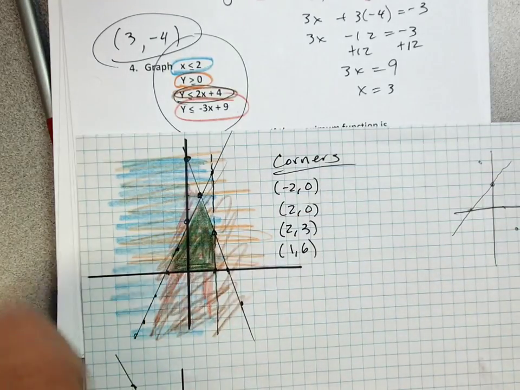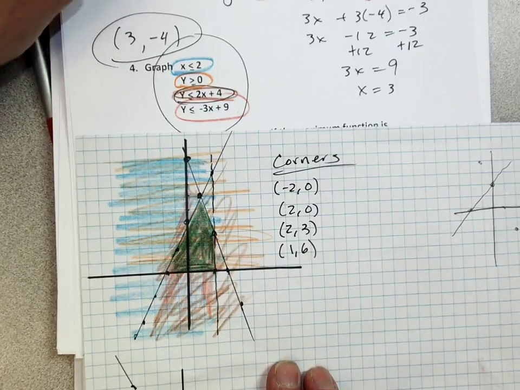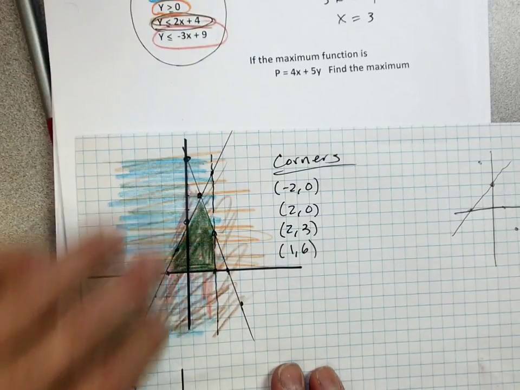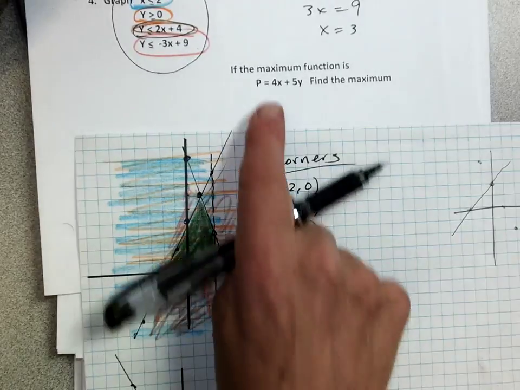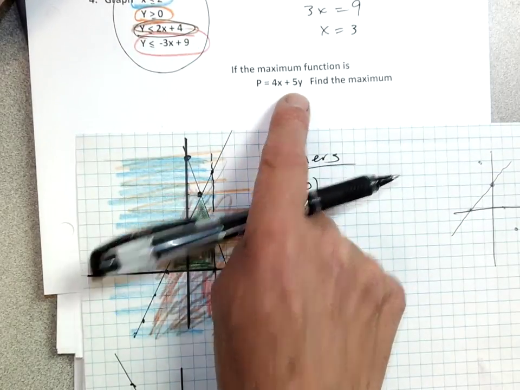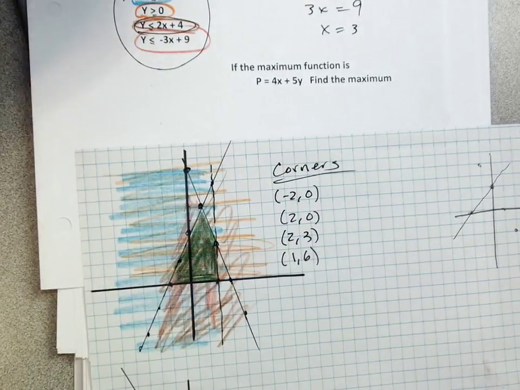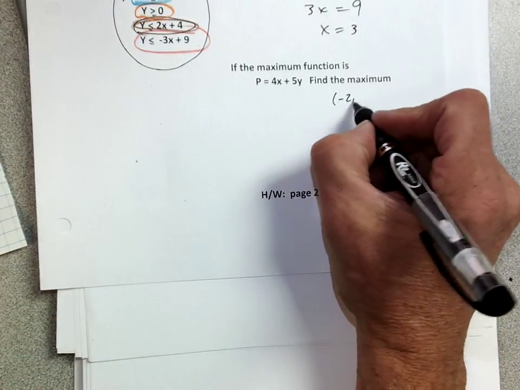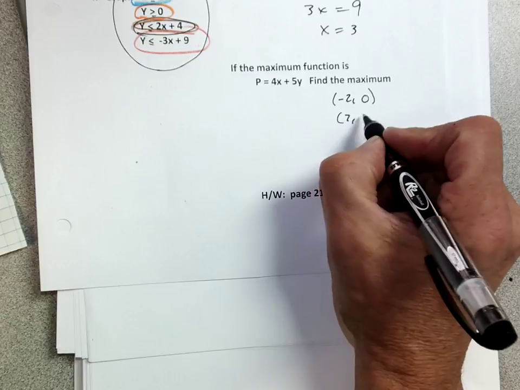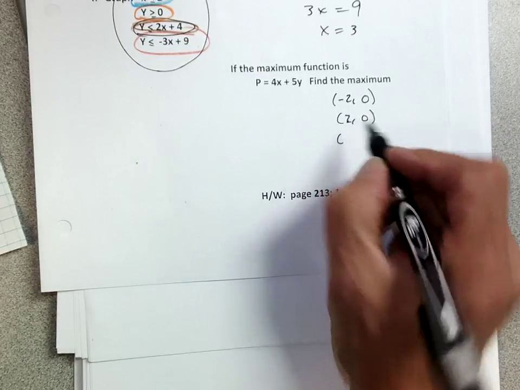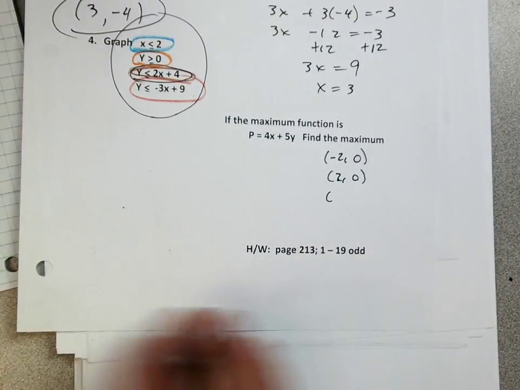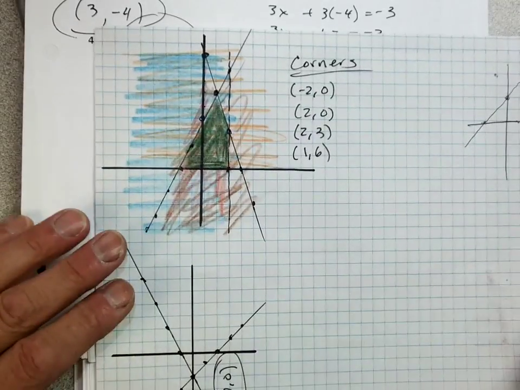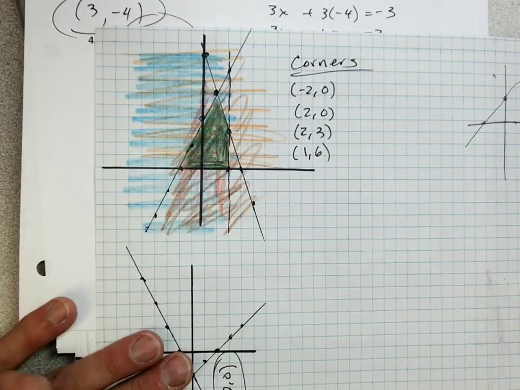And if we're going to do a max or min problem like we did on Friday, we're told that our maximum function is P for profit is 4x plus 5y, okay? So let me take my corner points and write them down, okay? So I've got a -2, 0, a 2, 0. Yeah, there's my corners, okay?